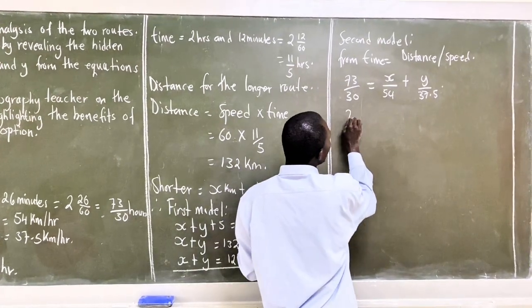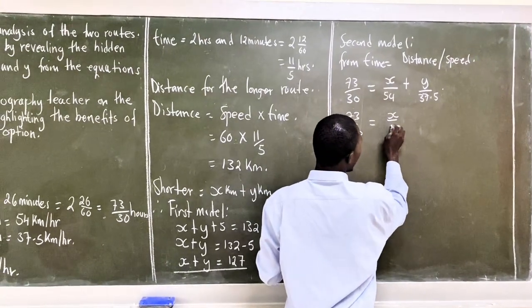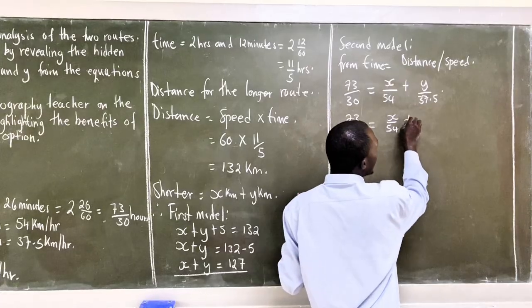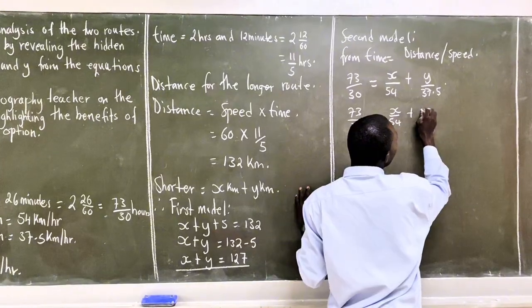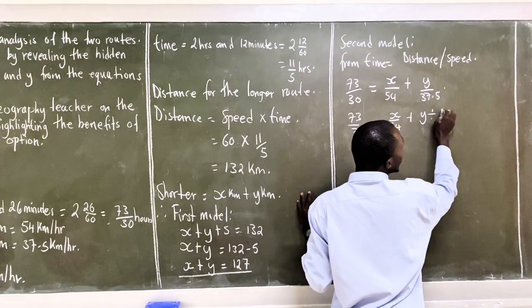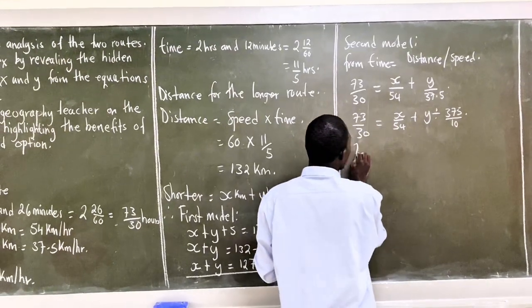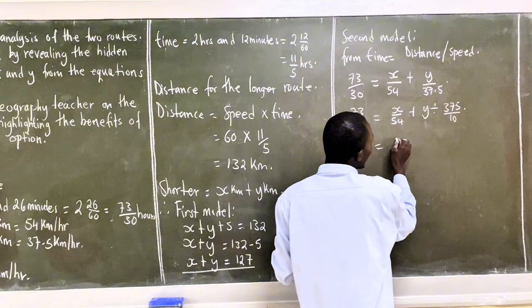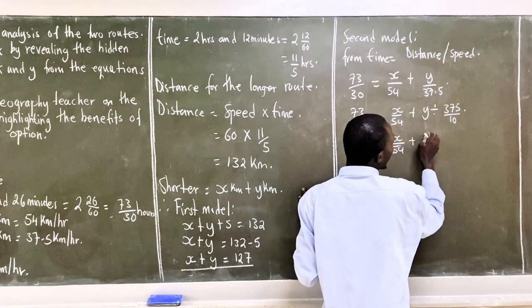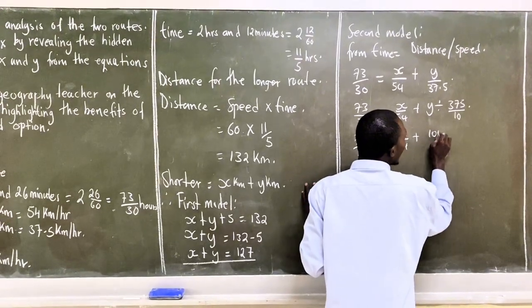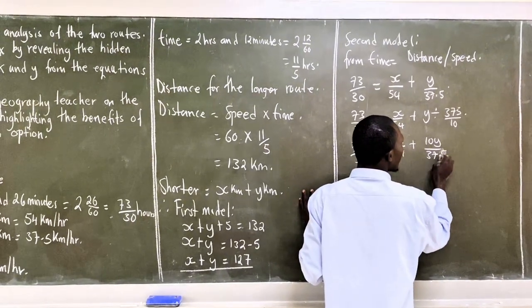So here we shall have 73 over 30 is equal to x over 54 plus, this denominator here, I can write it as y divided by 375 over 10, which if I simplify further, will give me x over 54 plus 10y over 375.